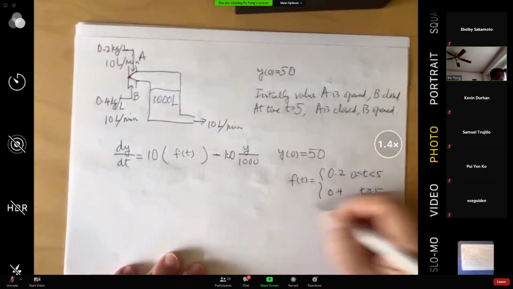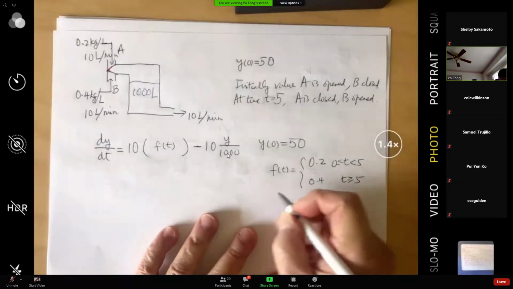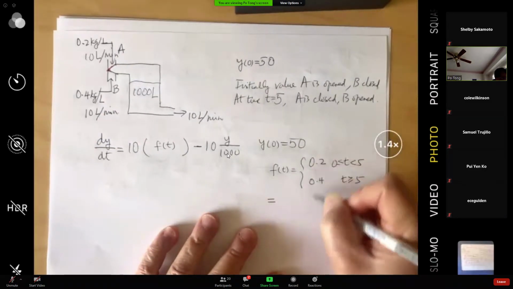Do you guys understand what I'm doing? Yes. Now, to solve this in a concise manner, we are going to use the step function. You need to write this guy as some type of step function.